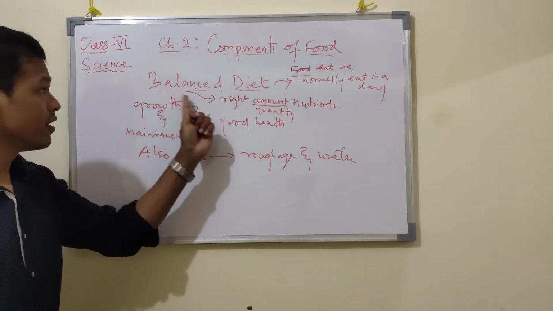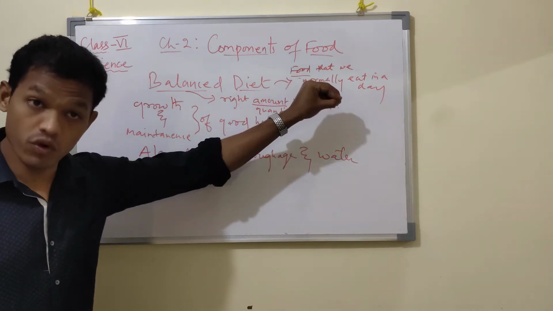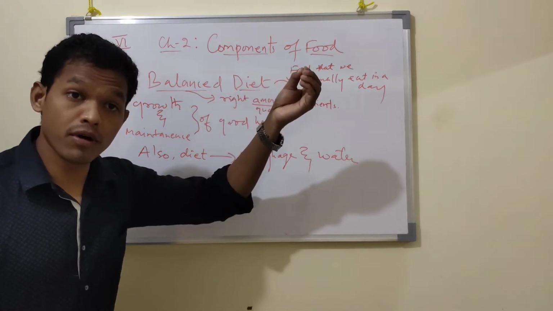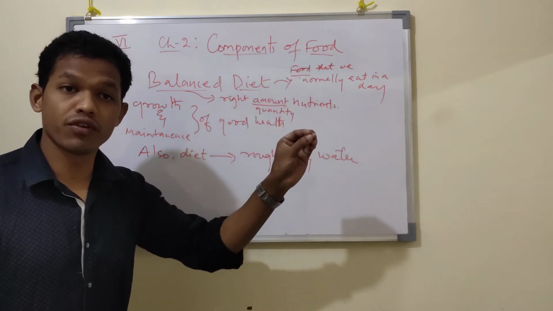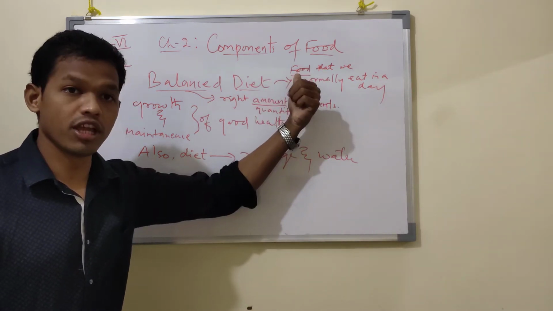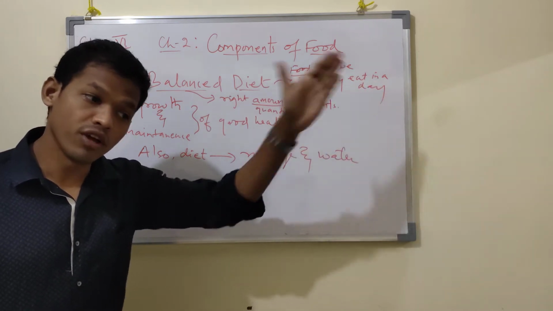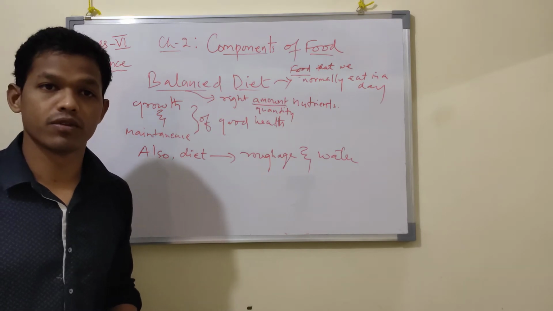Balanced diet means the right quantity of nutrients must be present in the food. Right quantity means not more nutrients and not fewer. If you eat more nutrients, there is a problem. If you take in fewer nutrients, there is also a problem.